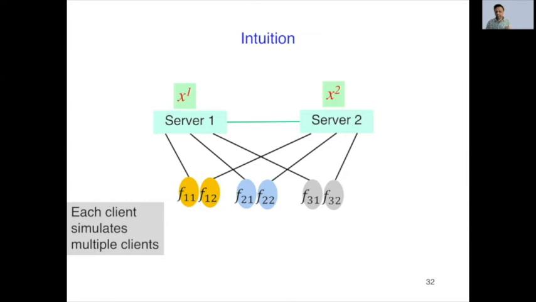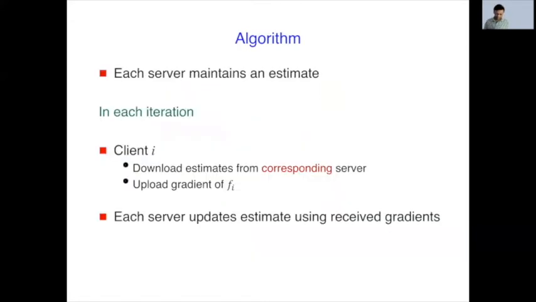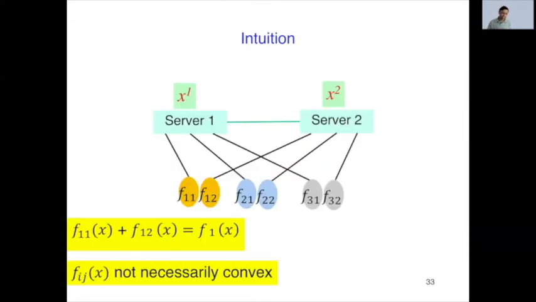So client one, with cost function F1, is going to simulate two different clients. The first of these new clients will have cost function F11, which is shown here. And the second of these simulated clients or agents will have cost function F12 of X. These functions are chosen such that F11 plus F12 equals the actual cost function of agent one.